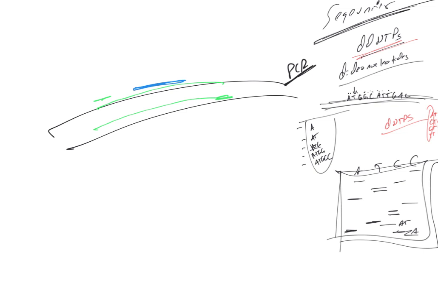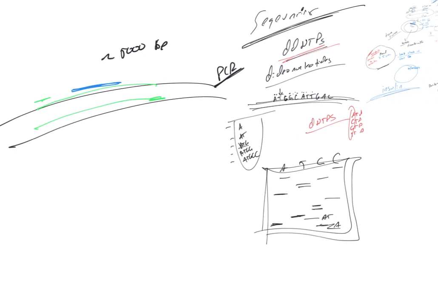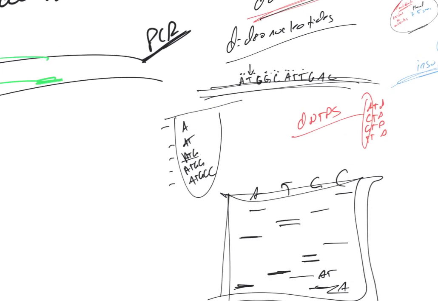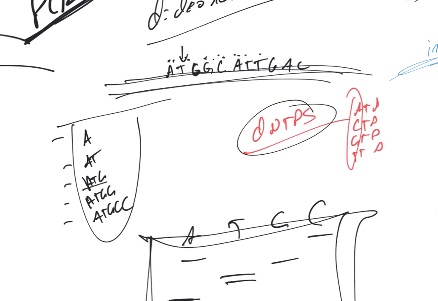In practice, this is about 5,000 base pairs long, max. Now, in normal PCR, I would just use dNTPs, because I want to copy the whole piece of DNA.